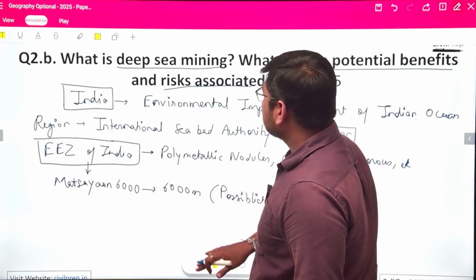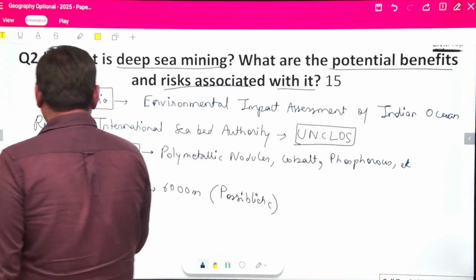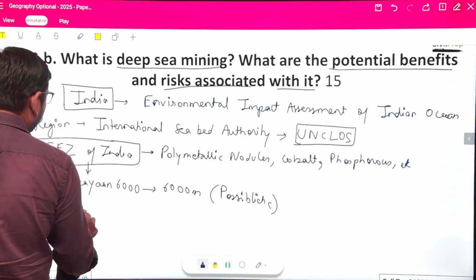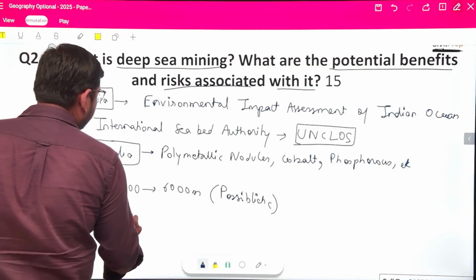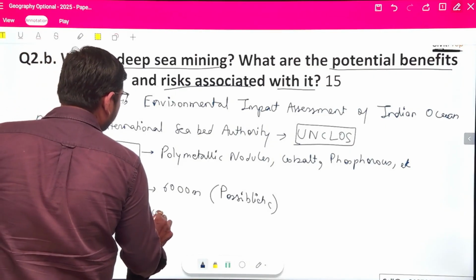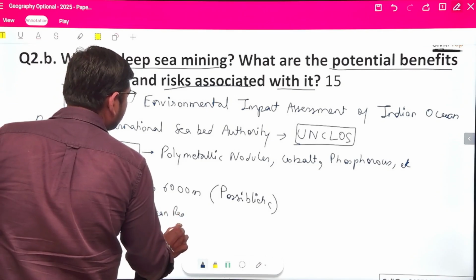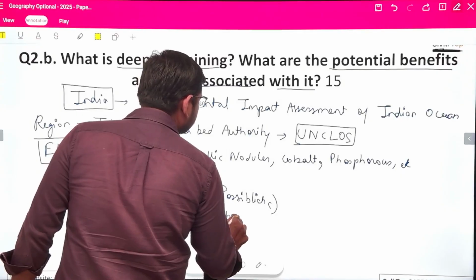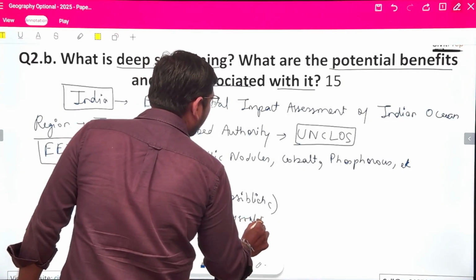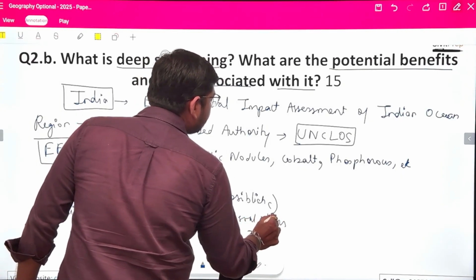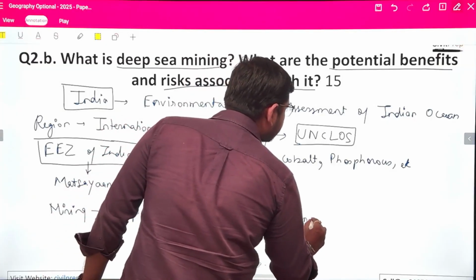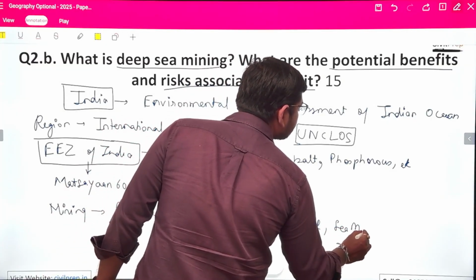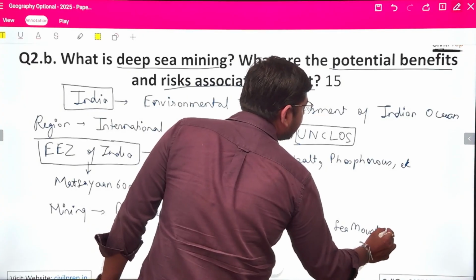So deep sea mining is basically mining which takes place in the deep ocean region, majorly consisting of abyssal plains, the mid-oceanic region, seamounts and near trenches.